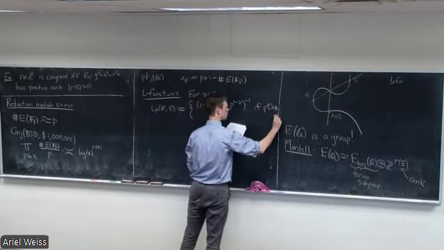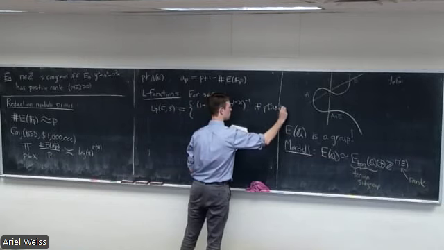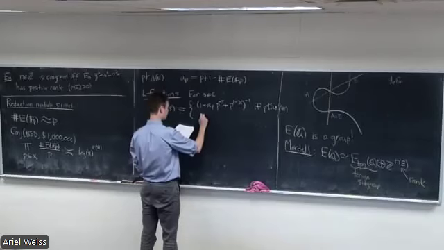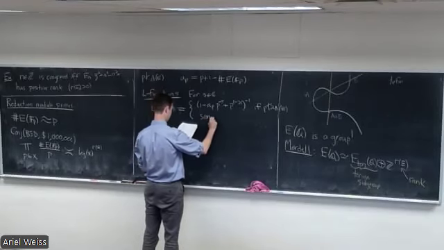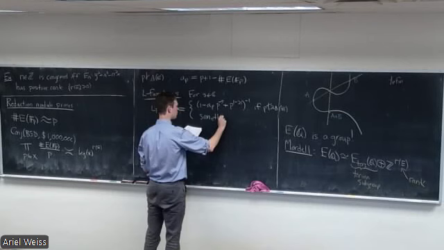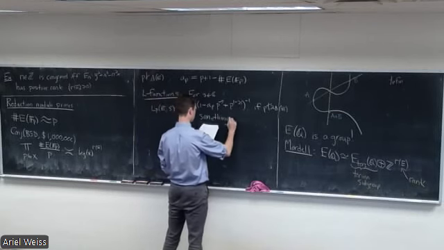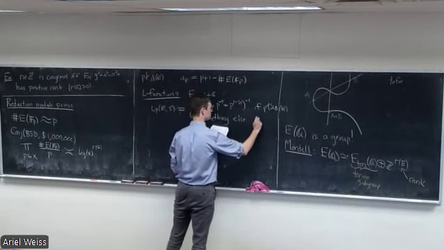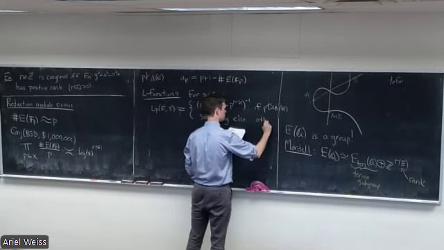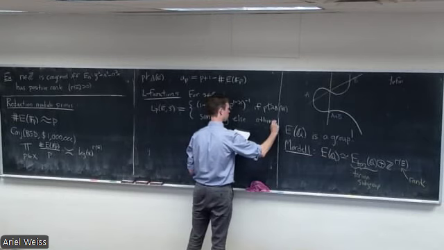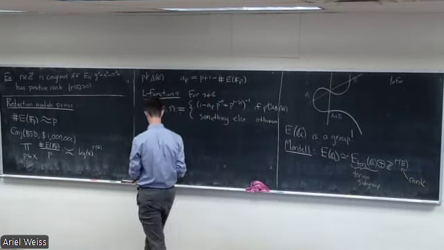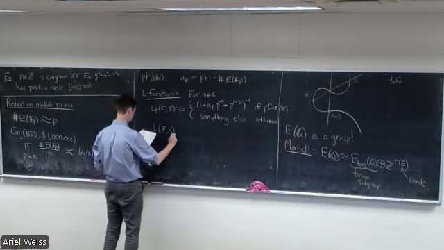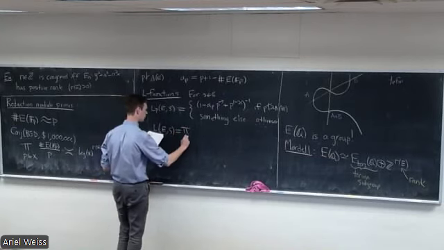And there are other cases at bad reduction, based on what type of reduction it is. And the L function of the elliptic curve is the product of these things over all primes.